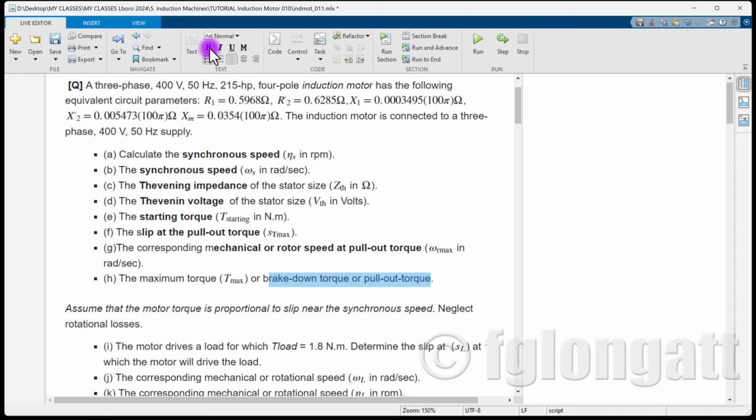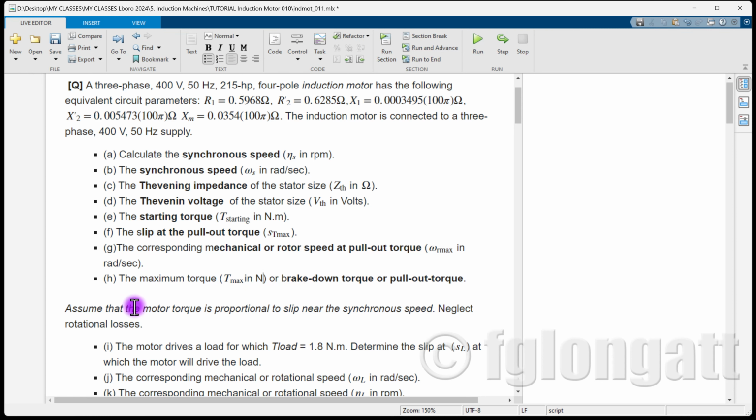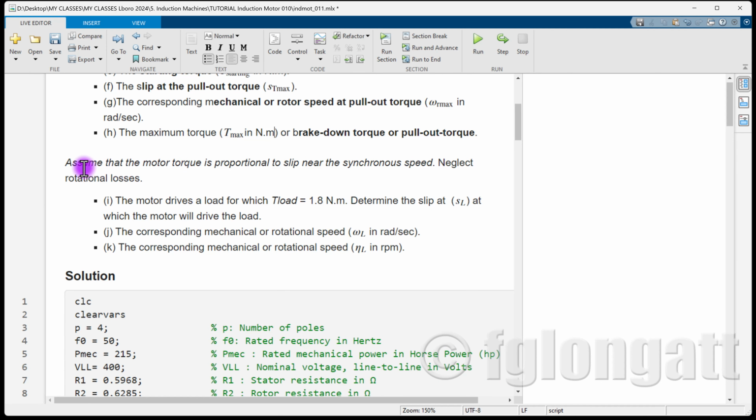Let me clarify this one. Yes, this calculation is in Newton meters. Perfect. So then we have a condition over here. Assume that the motor torque is proportional to the slip near the synchronous speed, and neglect the rotational losses.